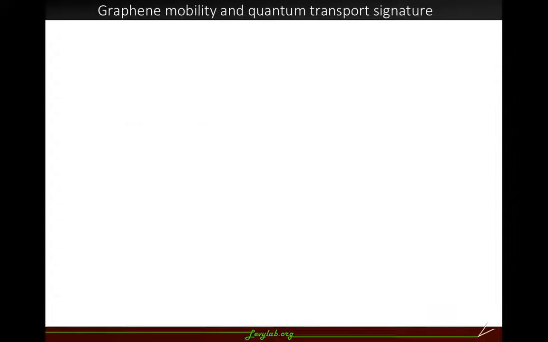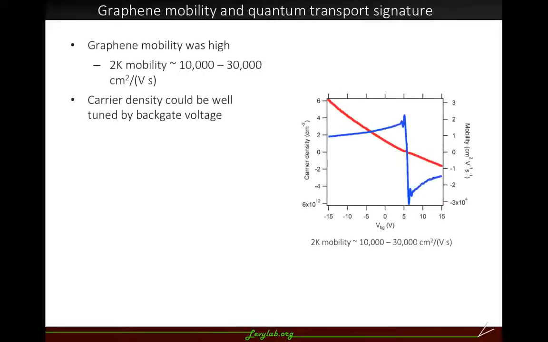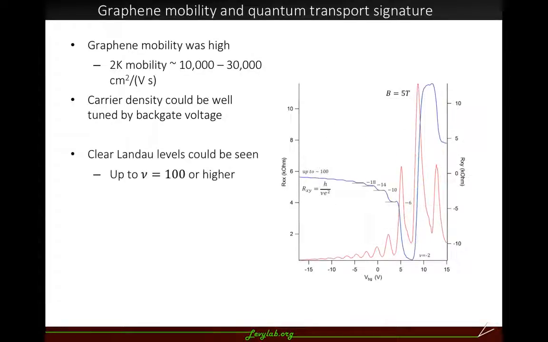We also did some transport measurements on the graphene to see its quality. It turned out the graphene is pretty high quality, and the mobility is about 10 to 30,000 cm²/Vs at low temperature. The carrier density can be well tuned by the backgate voltage as well. We also see clear Landau levels, even up to filling factor ν equals 100 in the Rxy channel.